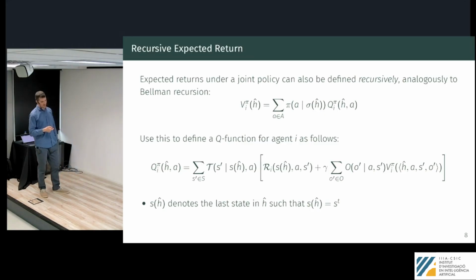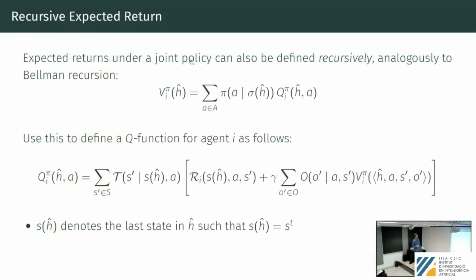So another way to define the expected return under a particular joint policy pi is by doing this recursive definition that looks like the Bellman recursion. And so it looks like this. V is the expected return, or the value, for a particular agent I under a particular joint policy pi. This is just an argument, which is a full history that you pass on.